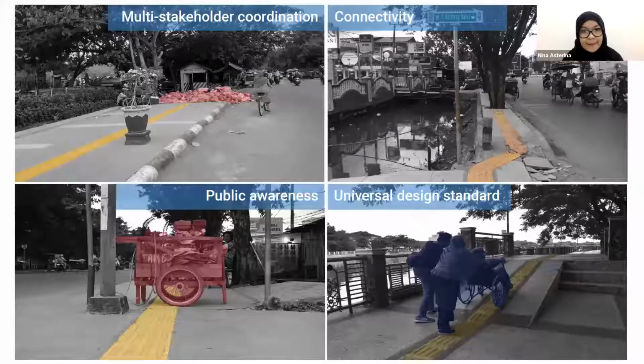Next slide, please. So this is an example where the multi-stakeholder coordination, connectivity, and universal design standards are worsened by the limited public awareness of disability and the needs and aspirations. In these pictures, you can see all the guiding blocks are hitting the trees, or the ramp is too steep. And there are also street mechanical vendors putting their tools and equipment on the road.